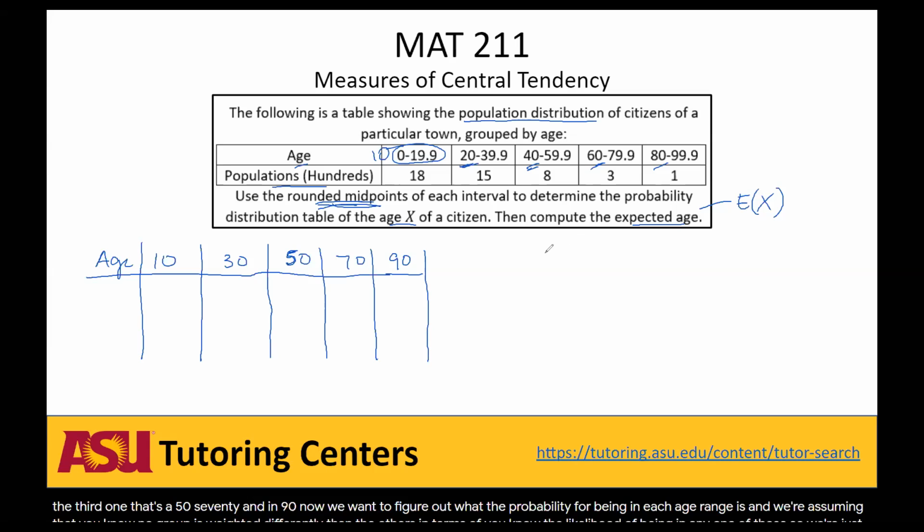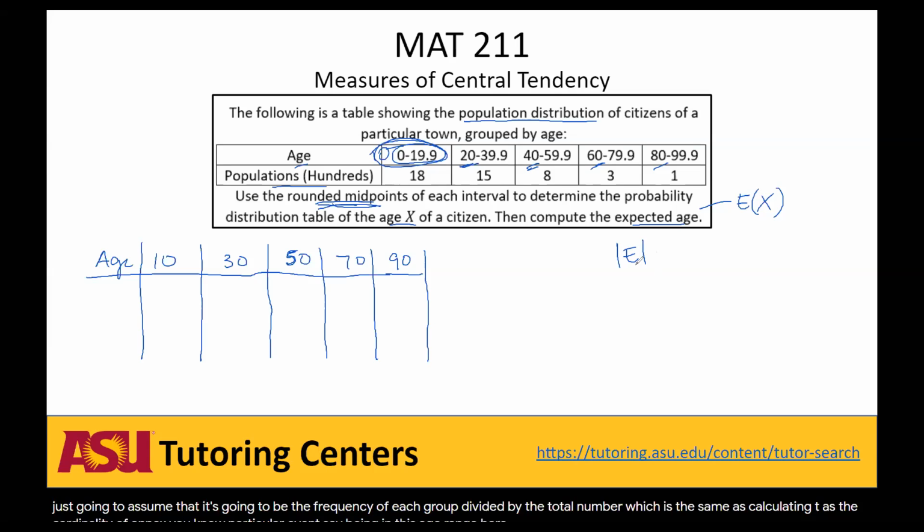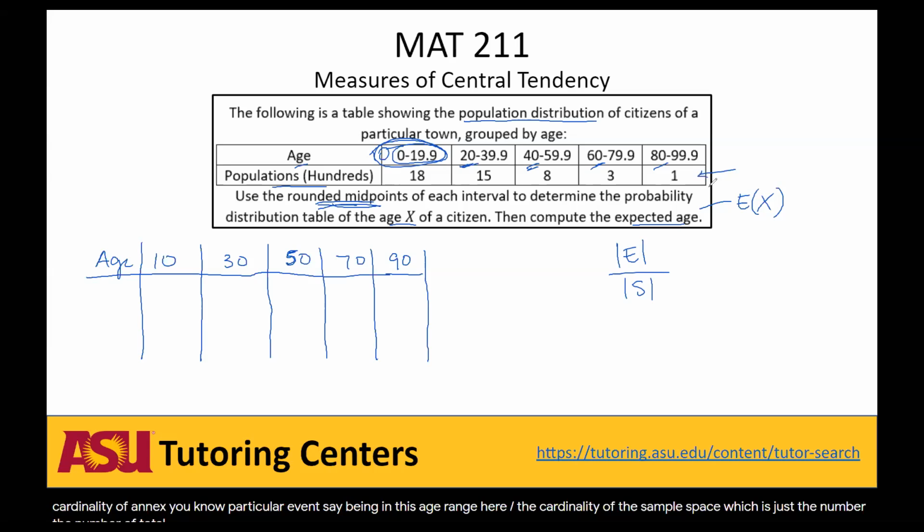So we're just going to assume that it's going to be the frequency of each group divided by the total number, which is the same as calculating probability as the cardinality of a particular event, say being in this age range here, divided by the cardinality of the sample space, which is just the number of total values in the sample space. So let's figure out what this is.